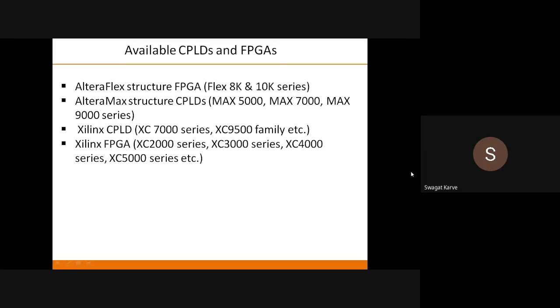Xilinx manufactures both CPLDs as well as FPGAs. For your syllabus, there is the Altera CPLD Max 7000, then the Altera Flex 10K FPGA series, and the Xilinx CPLD XC9500. These are the different CPLDs and FPGAs in your syllabus, so we will discuss only those.